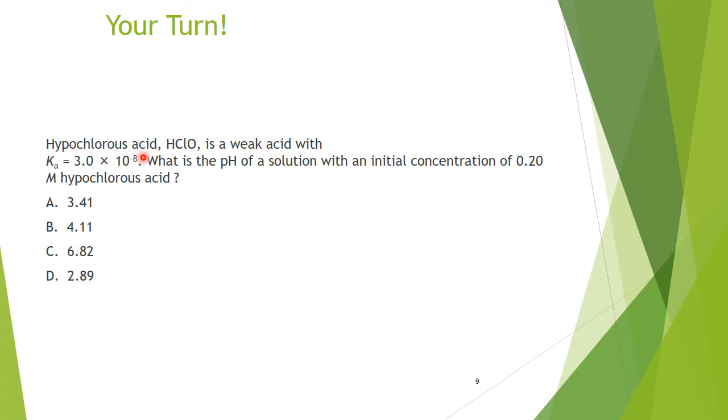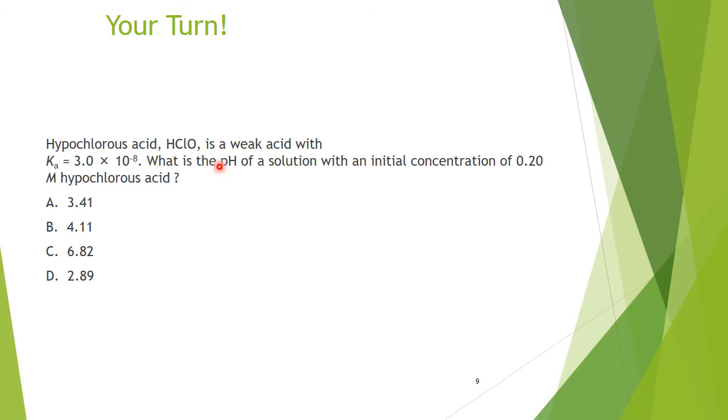So let's say I have hypochlorous acid. It's a weak acid with a Ka of 3.0 times 10 to the minus 8. What I want to do is find out the pH of the solution when it has an initial concentration of 0.2. So you're going to set up an ice table, and then use this information and this information to figure out your H. This one's different than the previous one.